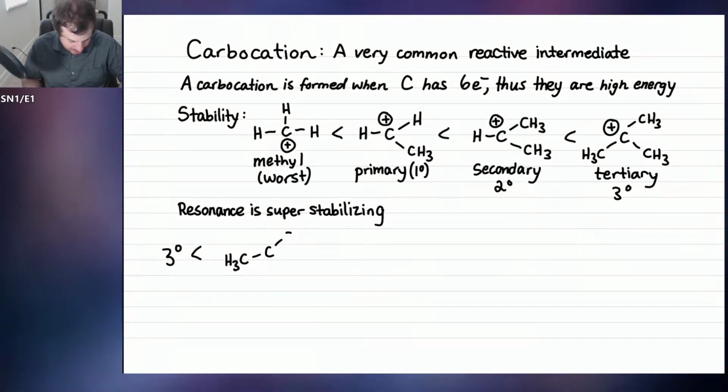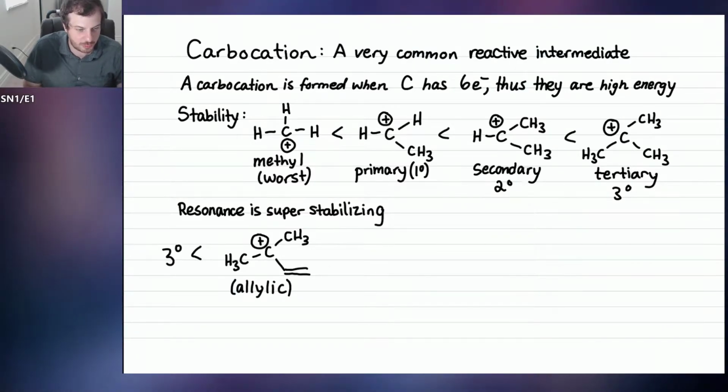Allylic is when you have a pi bond next to the carbocation. That's called allylic. Allylic comes from the Latin word allyl, which means garlic. So it turns out that the garlic plant has a lot of double bonds in it, and so it got a name that's associated with garlic with that structural pattern, which is the allyl group, which is named for garlic, where it's found very commonly in those spicy garlic compounds.